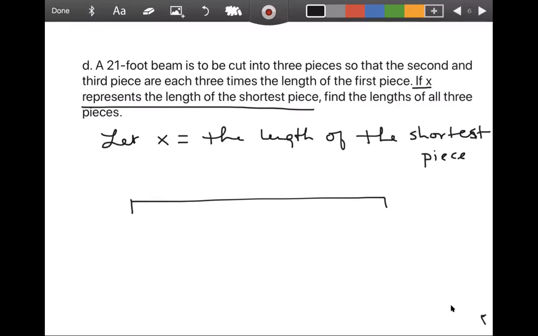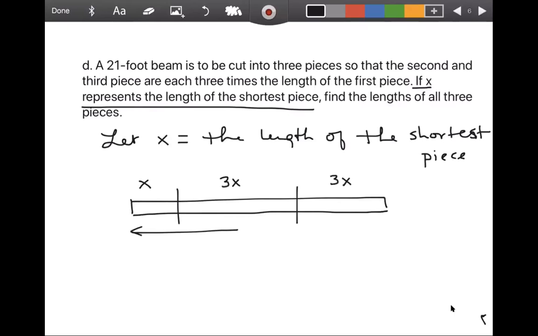Beam is a little harder to draw than a piece of string, but I think I can still handle it. It's cut into 3 pieces. You've got the first piece, and then the second and third pieces are each 3 times the length of the first piece. So these 2 pieces are both 3x. And the whole beam is 21 feet long.